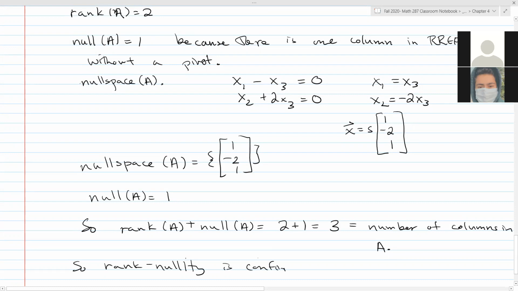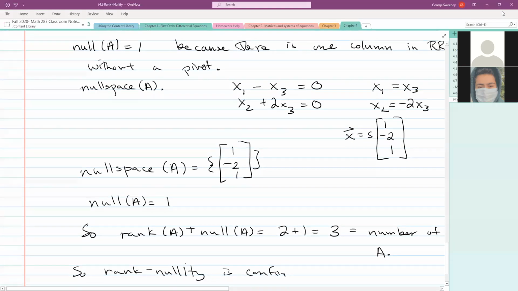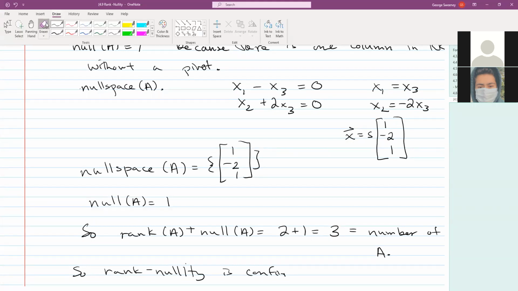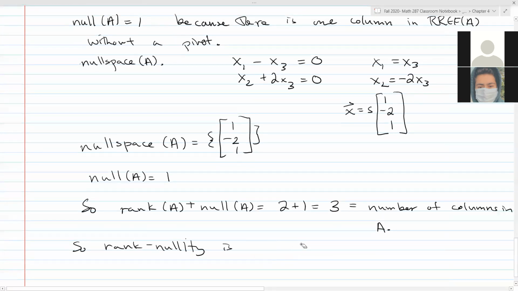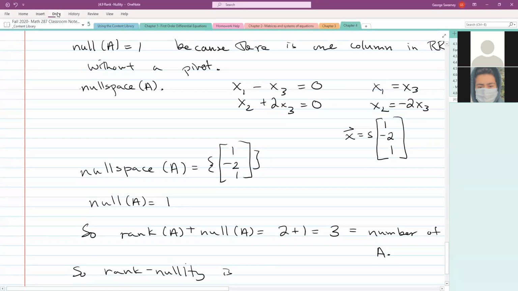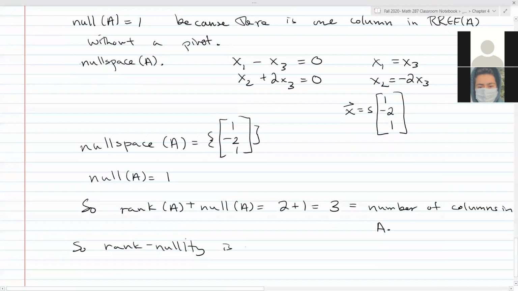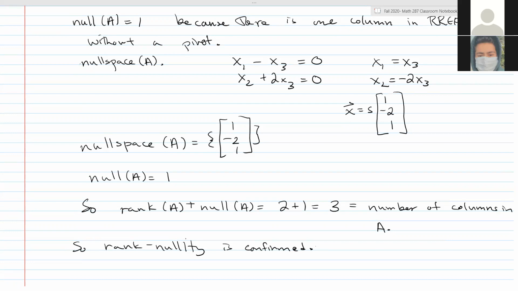So nullity of A is equal to the dimension of the null space, right? That is correct. So can you explain how the dimension of the null space is 1? Because I thought the dimension was 3 since there are 3 components. Ah, okay. So the dimension of a subspace is equal to the number of vectors in its basis. The dimension of a vector space V is equal to the number of vectors in its basis too.